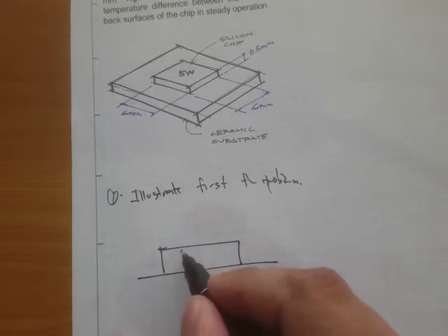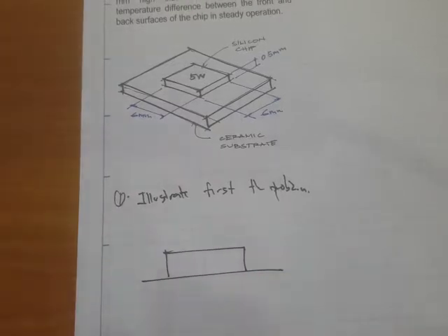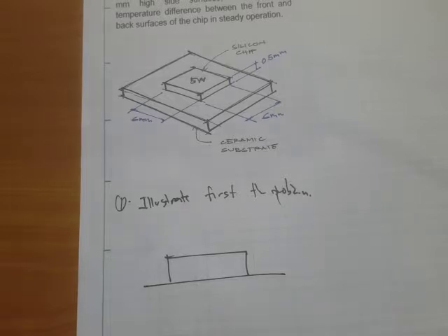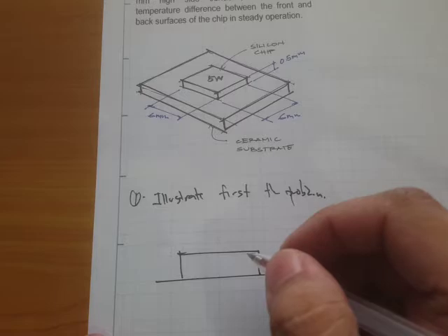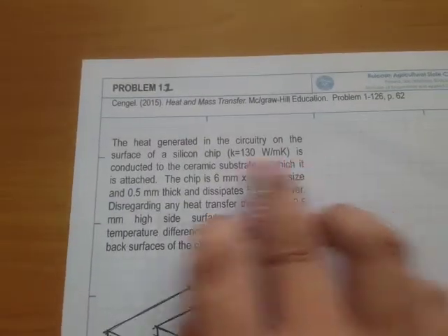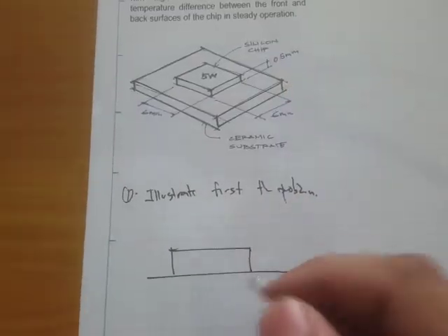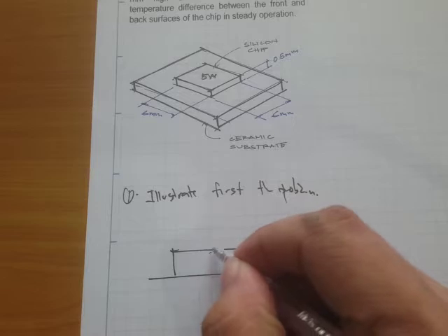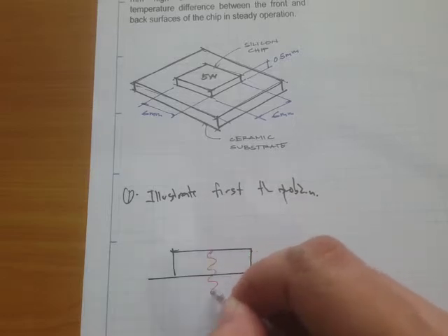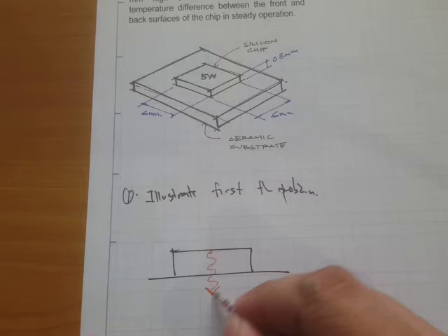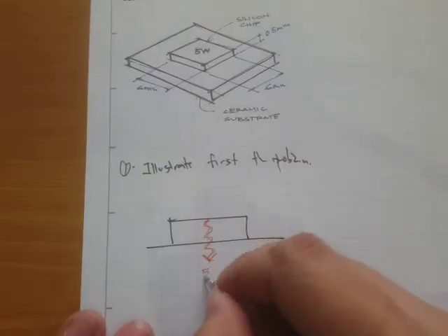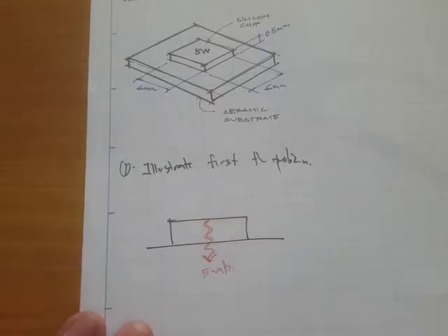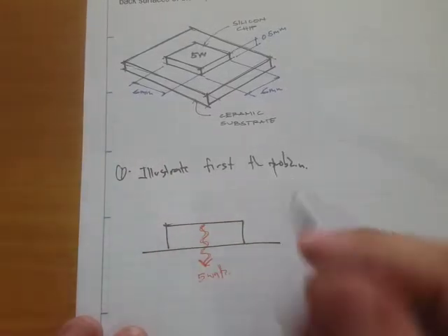Right, so here's our chip, and the heat flow is, because it says here, conducted to a ceramic substrate, so that means that the heat is going like this to the substrate, and this is 5 watts. And here's our thickness, right?